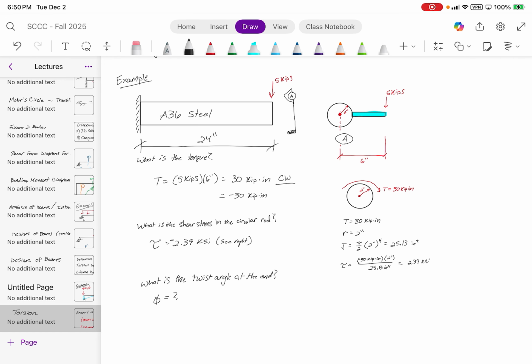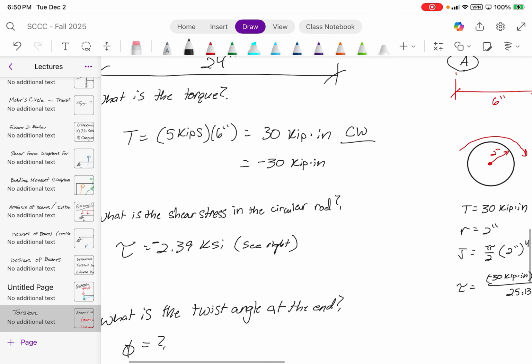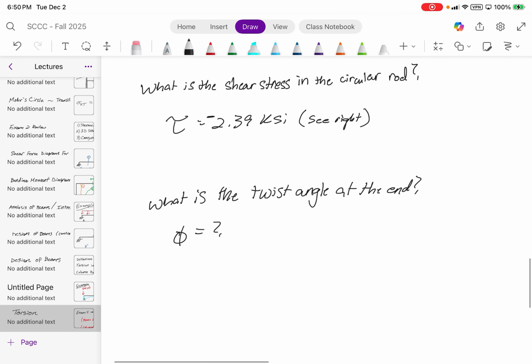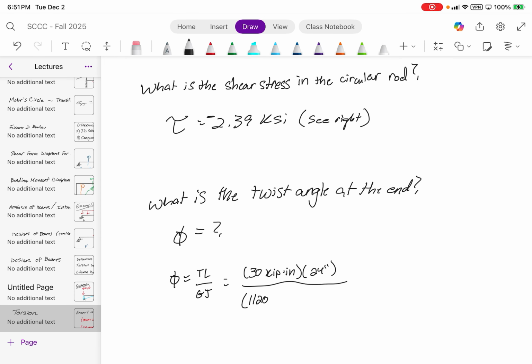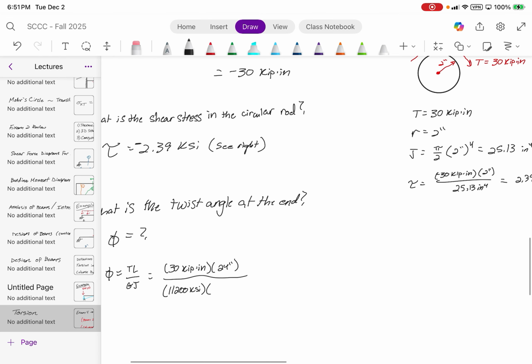Yeah. So specifically, you should get roughly phi equals TL over GJ: 30 kip inches times 24 inches, divided by the modulus of rigidity, 11,200 ksi, and then J we calculated previously is 25.13 inches to the fourth.